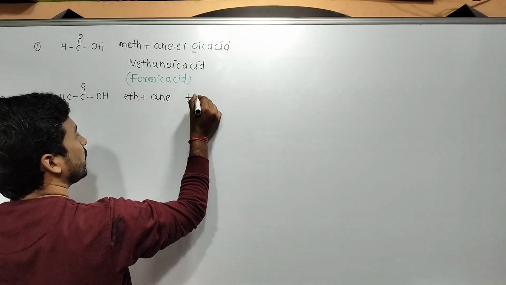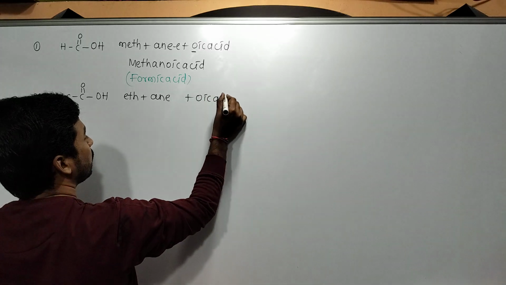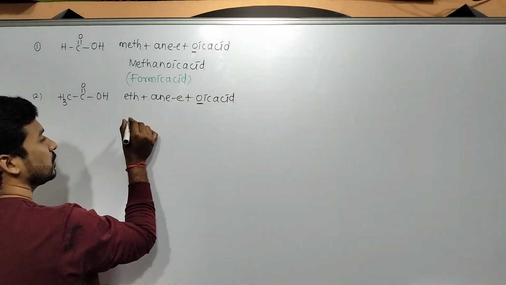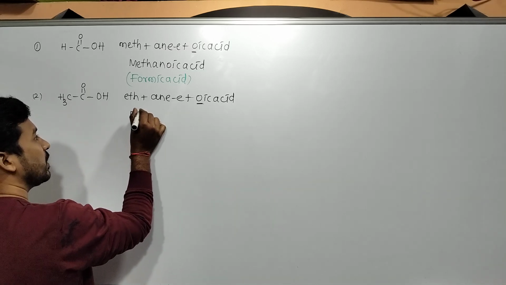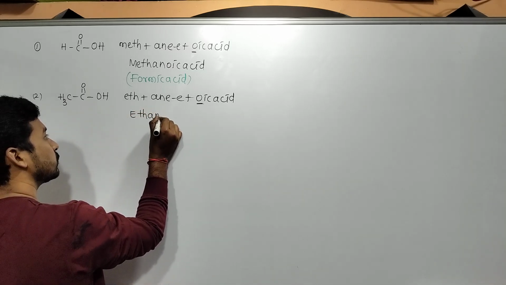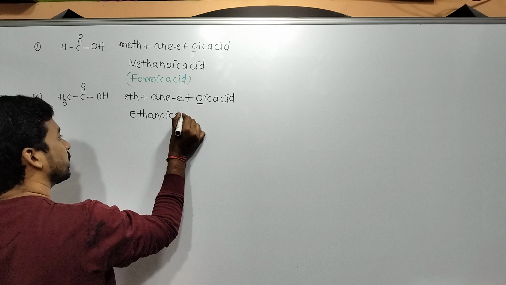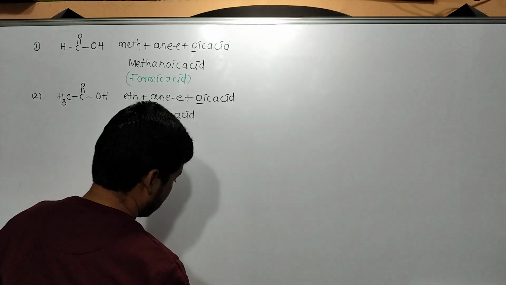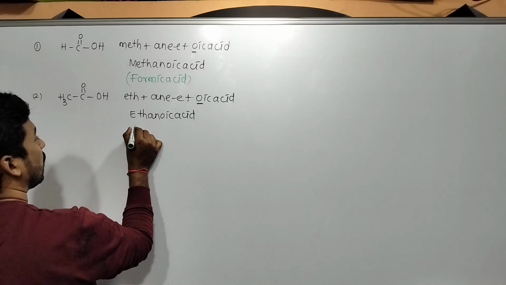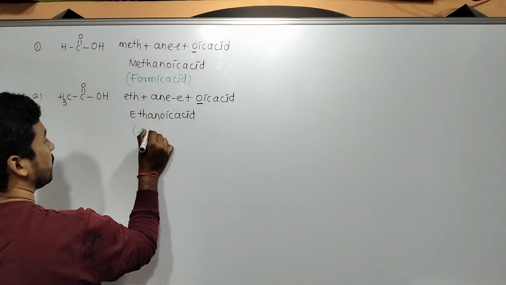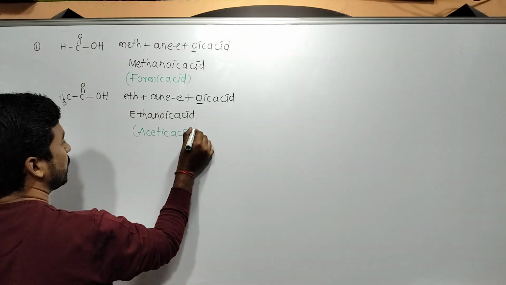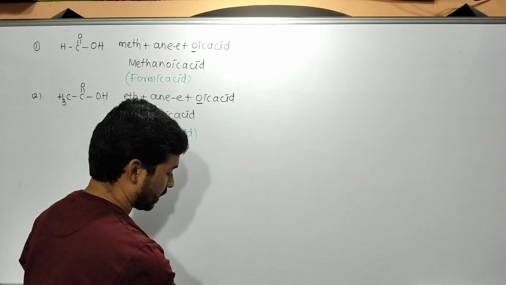The COOH functional group is there, so oic acid. It begins with a vowel, so remove the E here. Then the IUPAC name is ethanoic acid. What is the common name? Acetic acid. CH3COOH is also known as acetic acid.